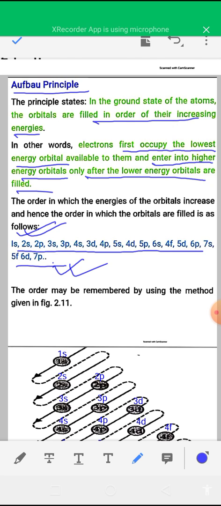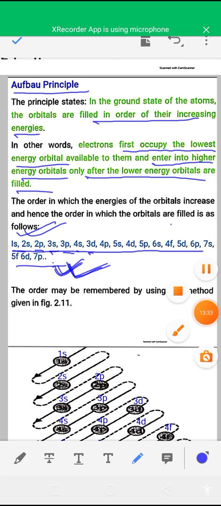The order in which the energies of orbitals increase, and hence the order in which the orbitals are filled, is as follows. This is the increasing order of energy of different orbitals, and in this order electrons will enter into the orbitals. First electrons will enter 1s, then 2s, then 2p, after that 3s, 3p, 4s, 3d.